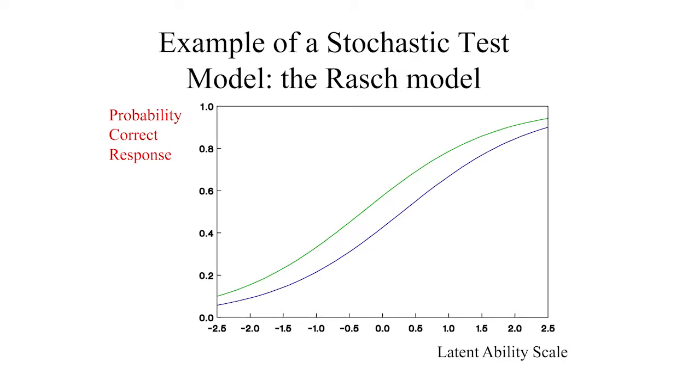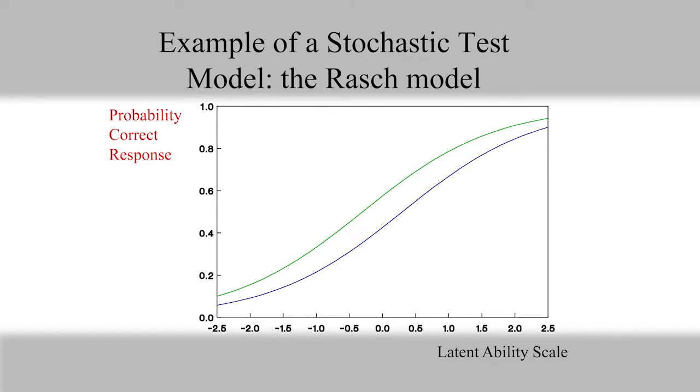This is what the model essentially means. So this is what the formula means. On the x-axis, I have theta. So this is an ability scale, and it goes from minus infinity to plus infinity. So it goes all the way down there. And the y-axis is the probability of a correct response. And what the model actually says is very simple, because here's the probability of a correct response, and the model says that it goes up if you become more proficient.